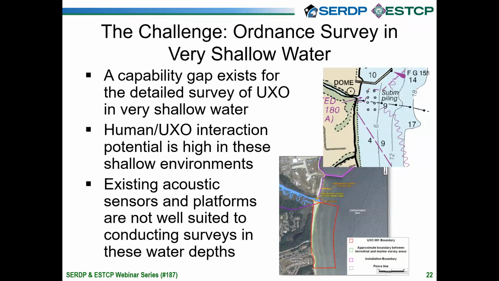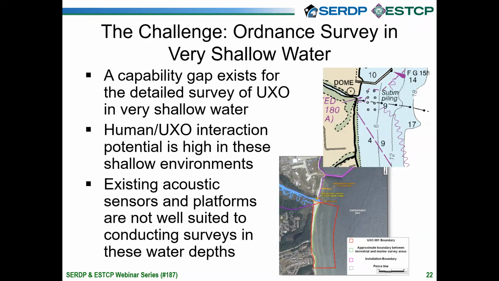So a further challenge that we have here in conducting ordnance surveys in very shallow water is the challenges associated with placing sensors into the very shallow water. We attended a workshop that was hosted by SERDP and ESTCP back in 2013.